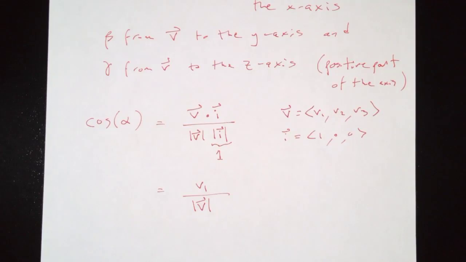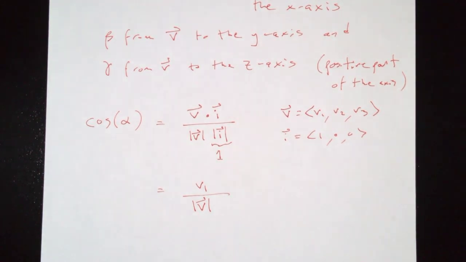What happens when I go to do cosine beta? Cosine of beta is going to require me to use the y-axis. What am I going to use instead of i? I'll use j. And when I go to the z-axis, the vector that points that way. Okay.